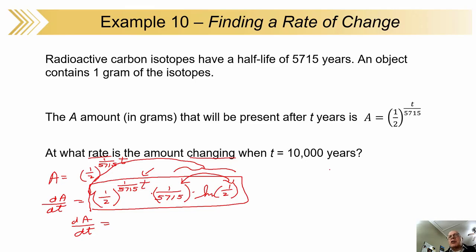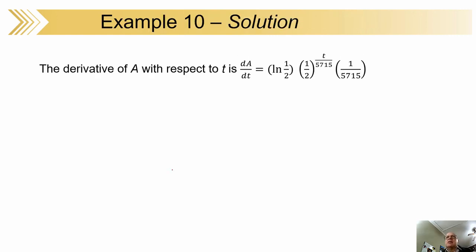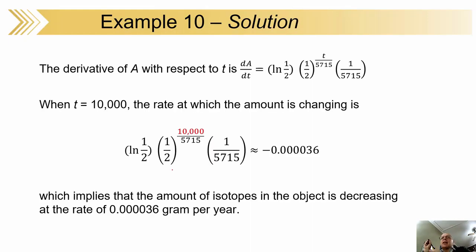And then, we're interested in how fast it's changing at 10,000 years, so we'll take the 10,000 and put it in for this t. This is what we've got in a different order, but it's the same thing. Put the 10,000 in and let that calculator hum.